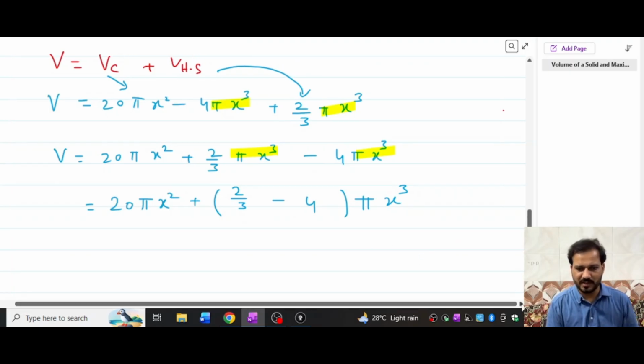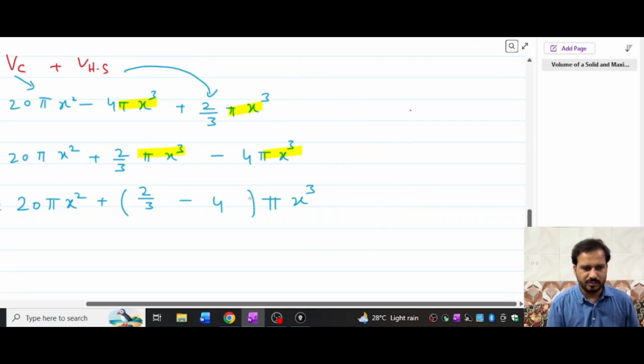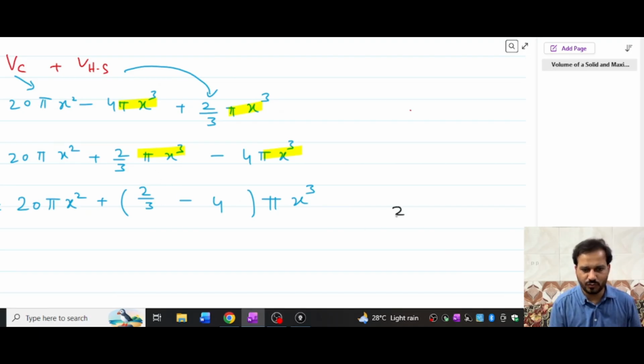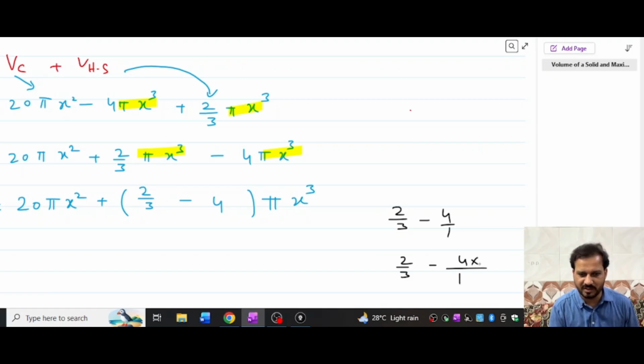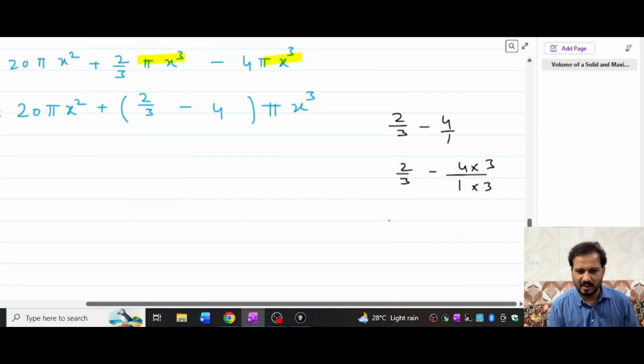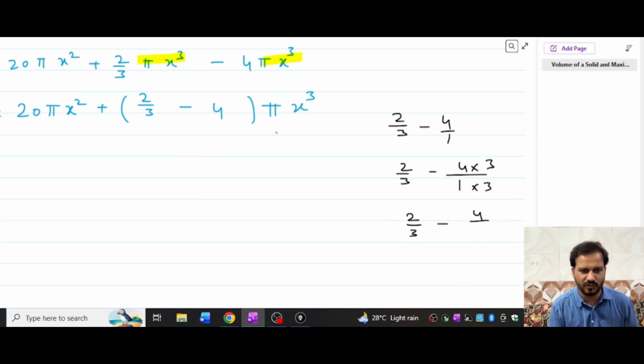Now I will explain how to solve this bracket, 2 over 3 minus 4. Actually, this is 4 over 1. To make the denominators the same, we'll multiply and divide the second fraction by 3. Now both fractions have the same denominator. 4 times 3 is 12, so it is 12 over 3. It becomes 3 as the LCM, and 2 minus 12.